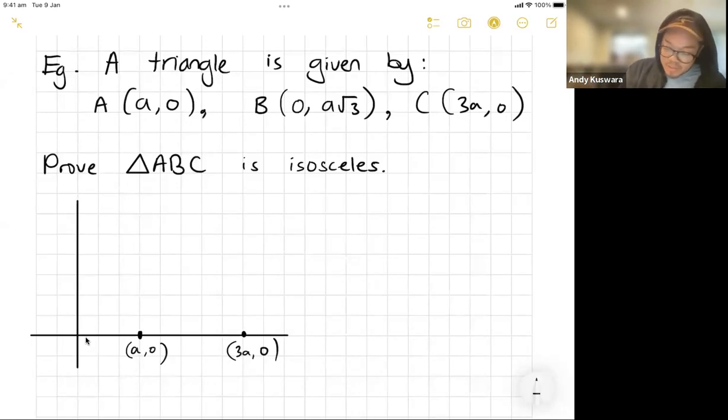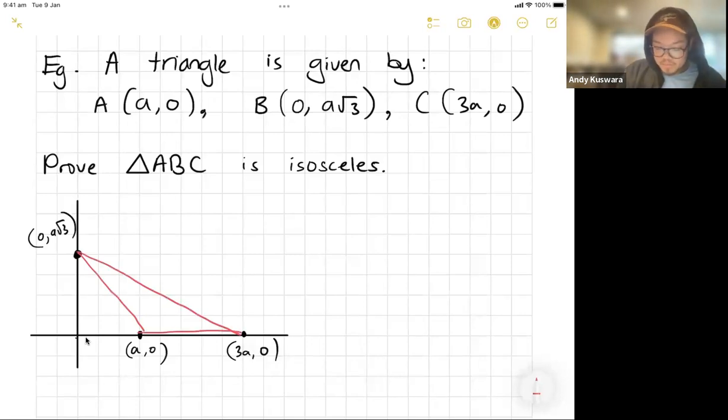And then I've also got this (0, a root 3). So that's (0, a root 3), whatever that is. And so essentially, I'm trying to prove that this triangle here is somehow an isosceles. Okay, let me just label that's A, that's B, okay, and that's C.